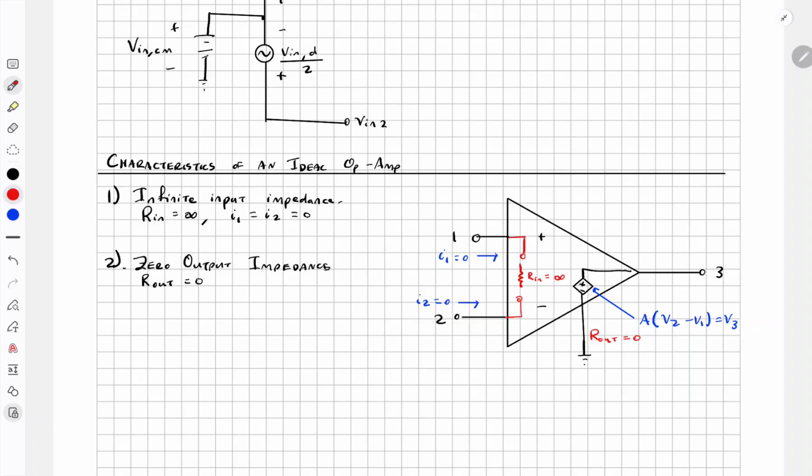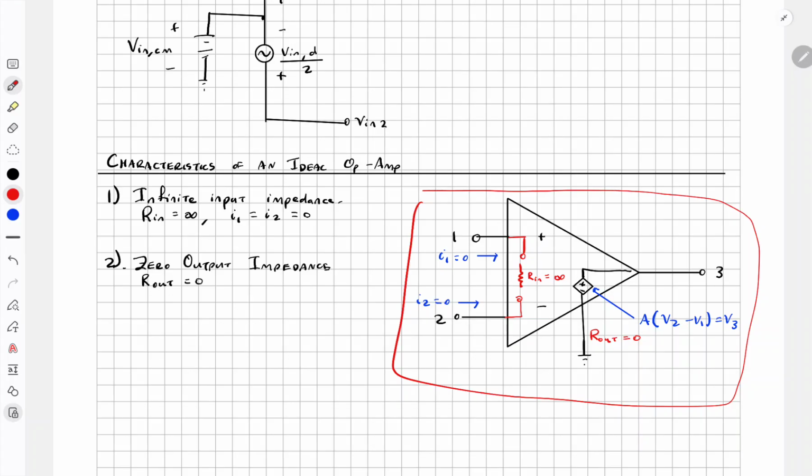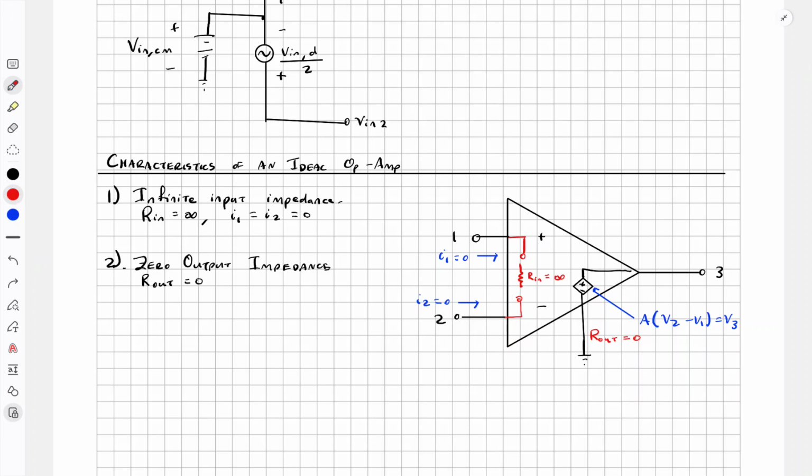Zero output impedance. So this is kind of like the example circuit equivalent of what happens in an ideal op-amp. What's inside of this triangle if it was ideal.